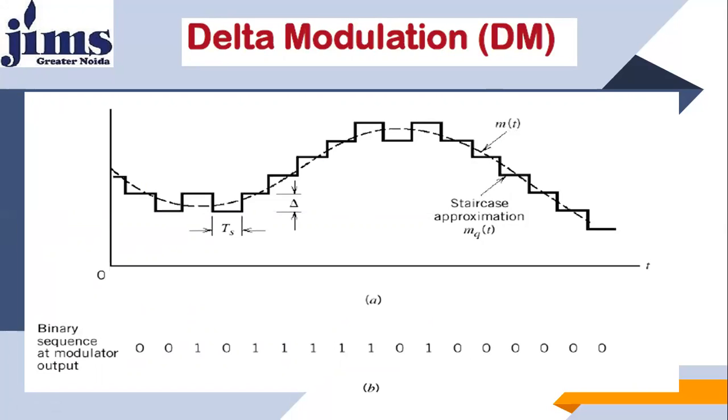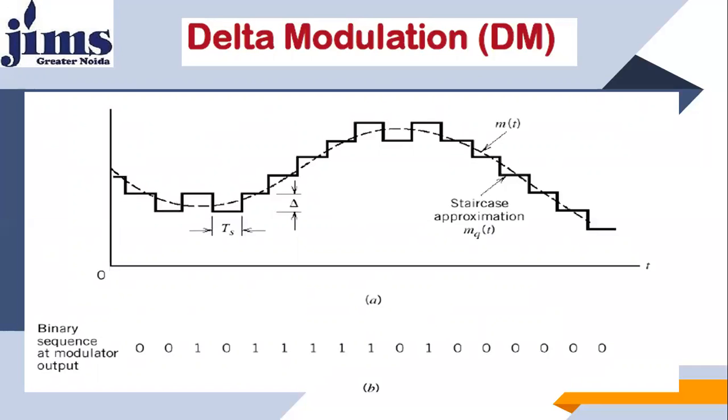The second signal is a staircase signal, right? And this staircase signal follows the analog signal, and the staircase signal is represented by mq(t), right?